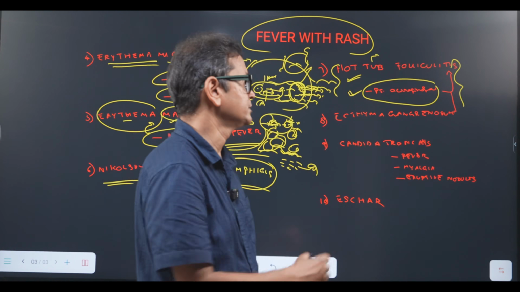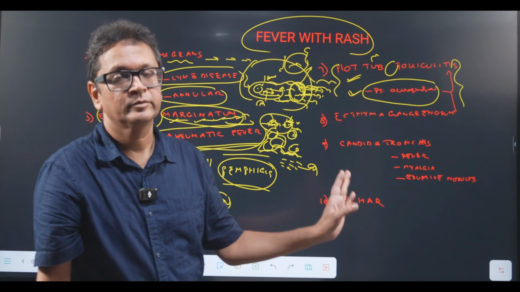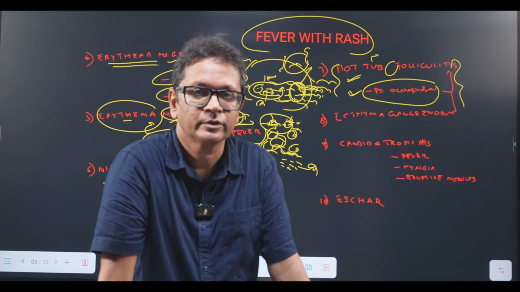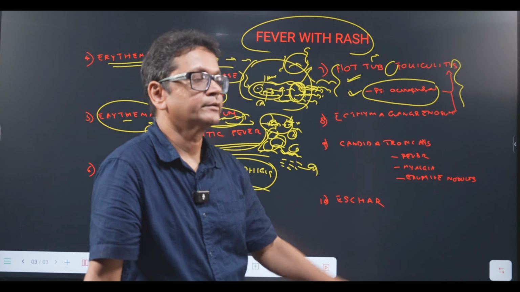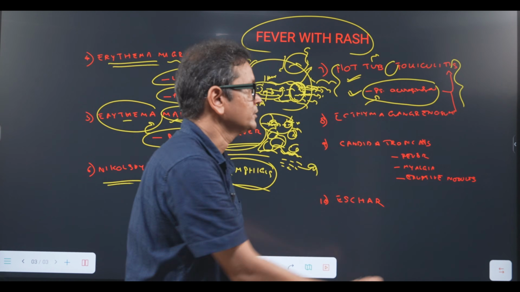But fortunately, because they are immunocompetent, most of the time it will resolve over a period of 1 to 2 weeks. No antibiotics are required except meticulous personal hygiene. It is due to Pseudomonas aeruginosa.